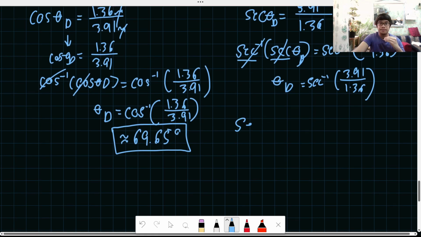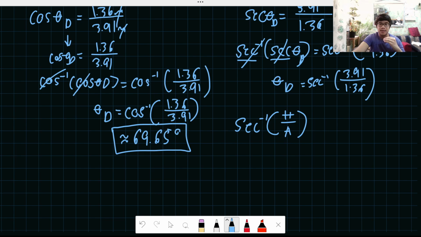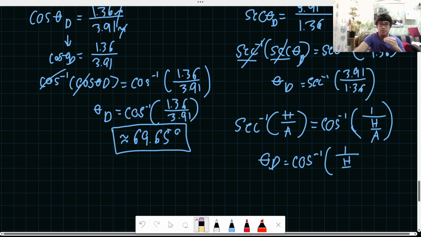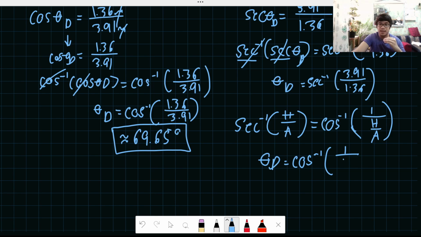Inverse secant of hypotenuse over adjacent is just the same as inverse cosine of 1 over hypotenuse over adjacent. So instead of using inverse secant, we can use inverse cosine of 1 over 3.91 over 1.36.